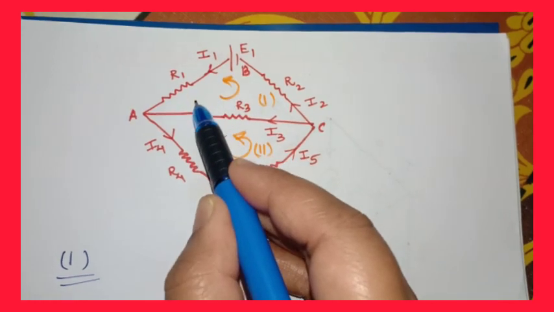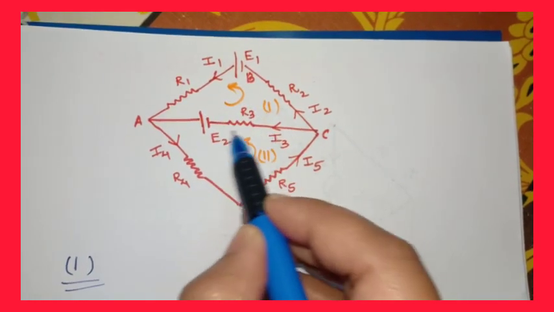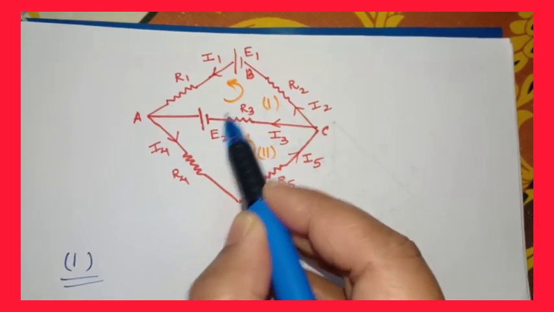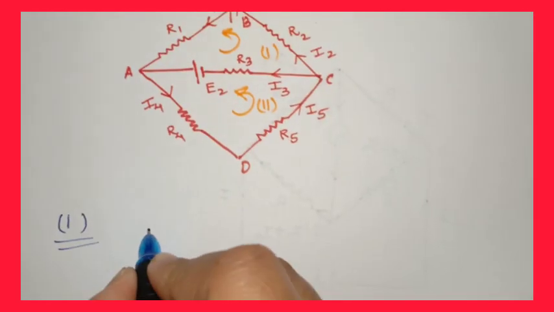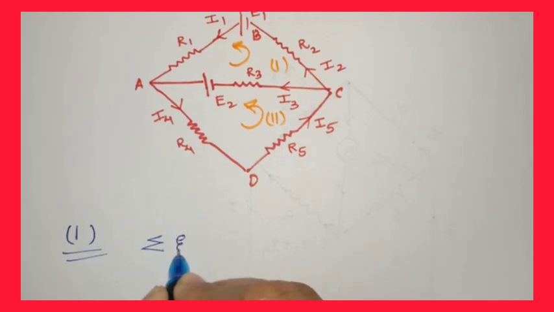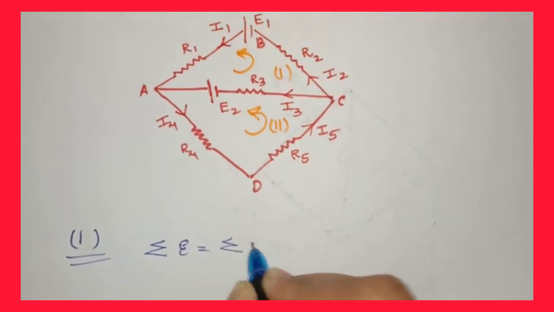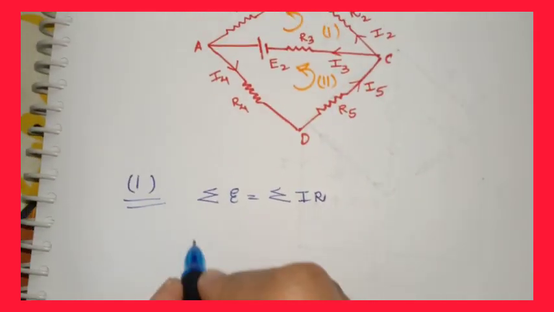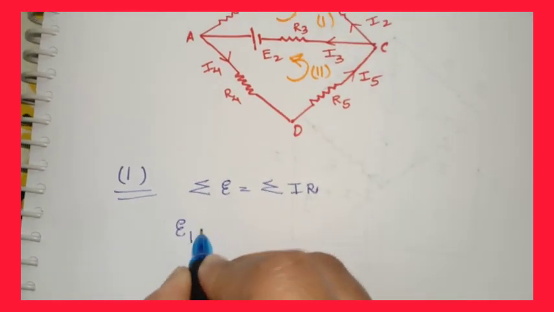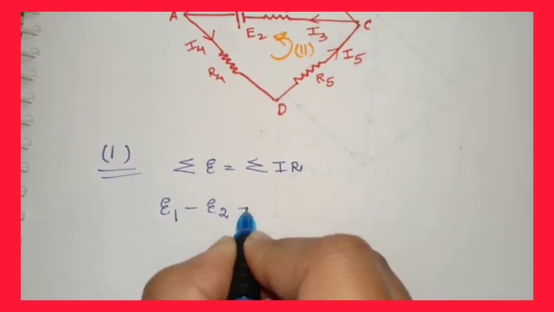And if I traverse through the second EMF, from plus to minus, that means this EMF is negative for the first loop. So according to KVL, the summation of EMF is equal to the summation of the product of current and resistance. And here the EMF 1 is positive and EMF 2 is negative.